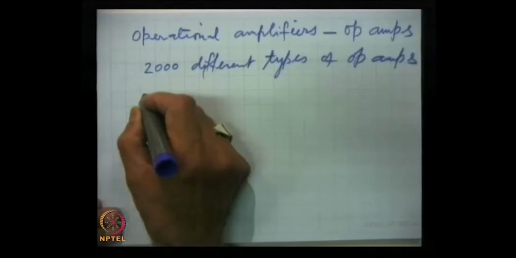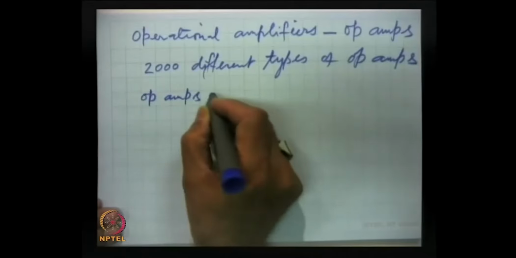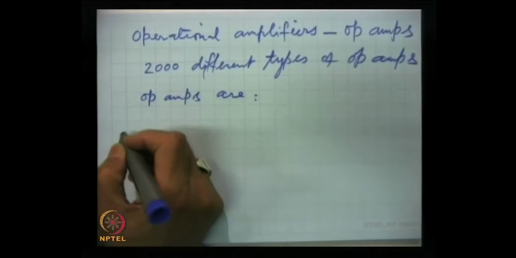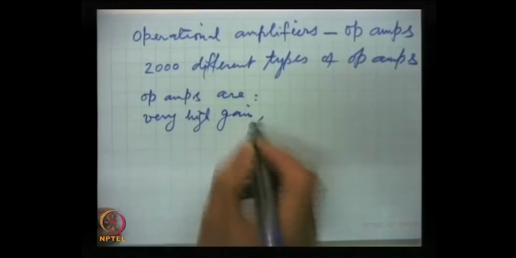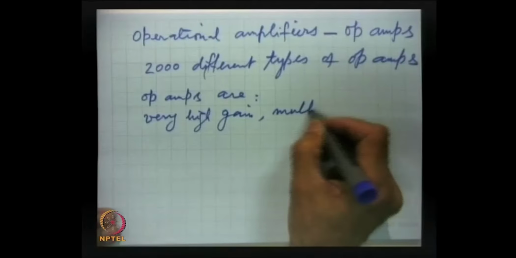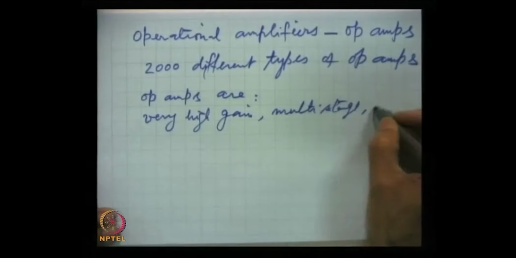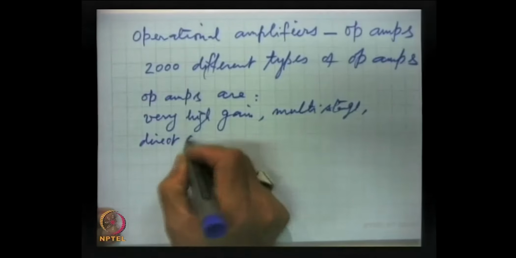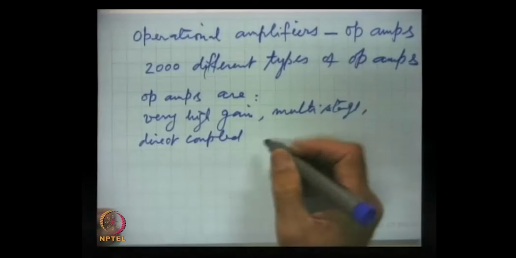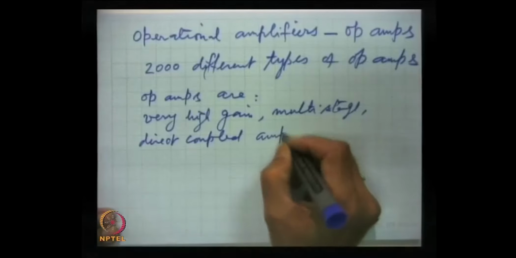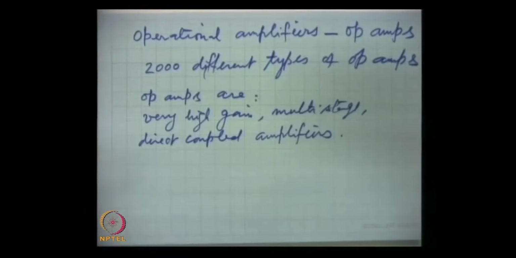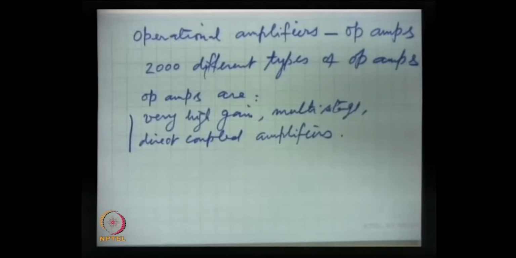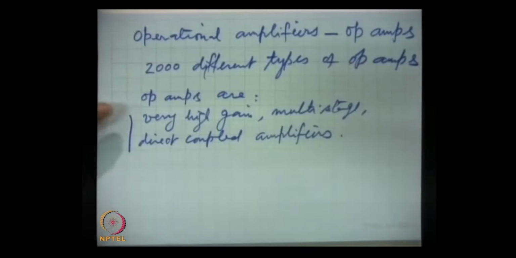Now, what are op-amps? Operational amplifiers are very high gain, multi-stage, direct coupled amplifiers. These are the main important points about operational amplifiers.